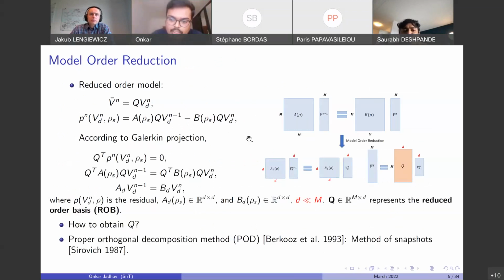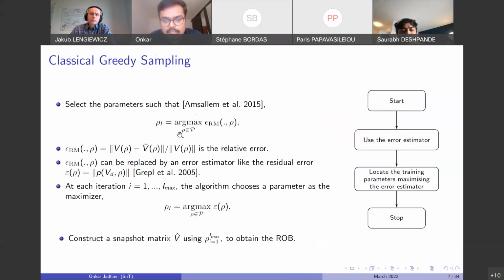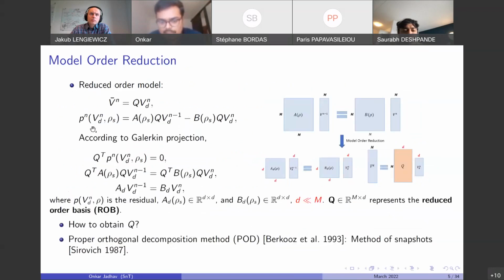You can intuitively think about it: if you already put the information related to the parameters which give you the maximum error into your snapshot matrix, you will get a better reduced order basis in the next iteration, right? You are eliminating those parameters. That's why you select these parameters, but this is costly. You cannot solve the error estimator for the entire parameter space, because it involves solving the reduced order model, and this is useless. What is the use of this?